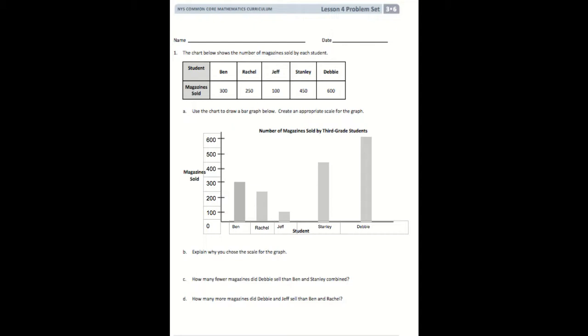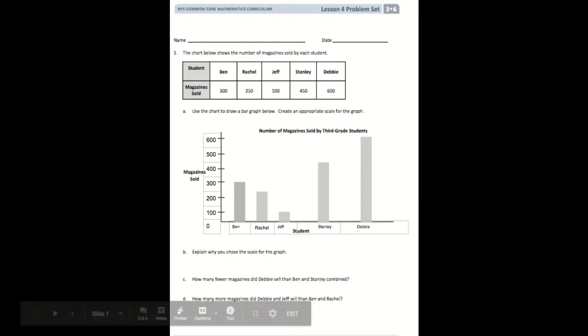So I chose to do it by 100s. Yours might be a little different, and that's okay. But I chose to do 100, so I've got 100, 200, 300, 400, 500, 600, and that's magazines sold. So down here tells which student, and here tells how many magazines were sold. And then we have the title of our bar graph, number of magazines sold by third grade students.